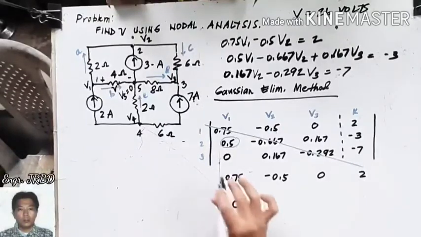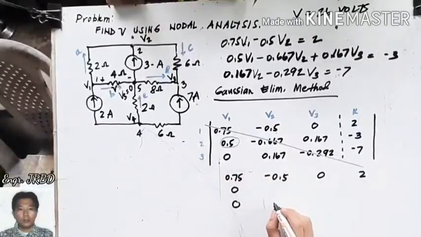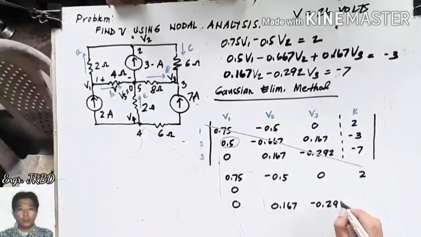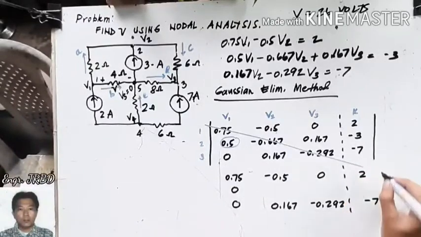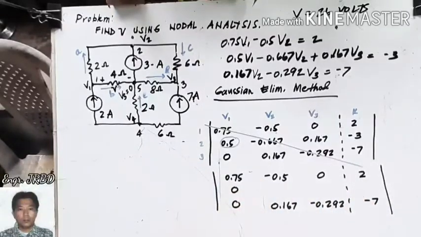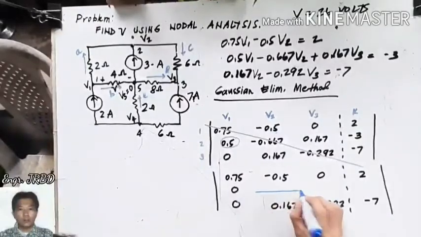There is no problem with this because it is already 0. So all you have to do is to recopy it. 0.167, negative 0.292 and negative 7. Okay, how do we find now the new value of these elements?